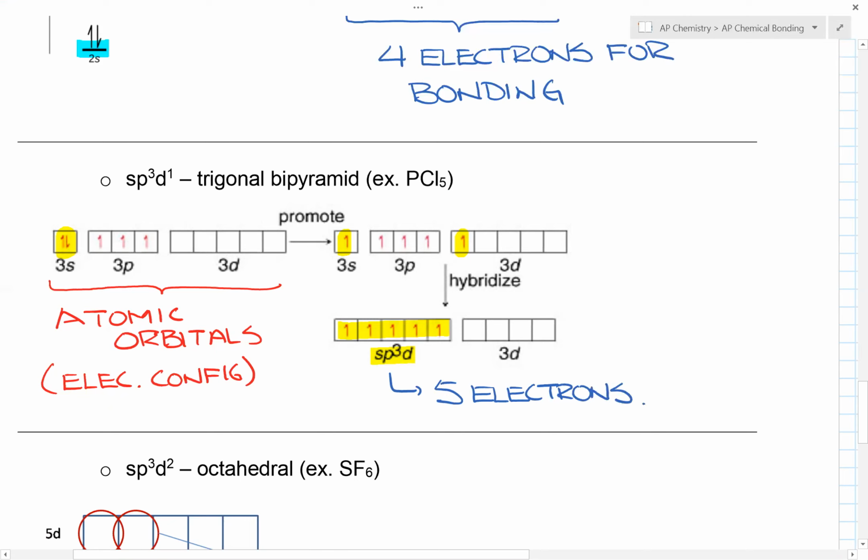Now I put up here sp3d1, and you notice here it says sp3d. It doesn't matter. You could put just d1 or d, both are the same.